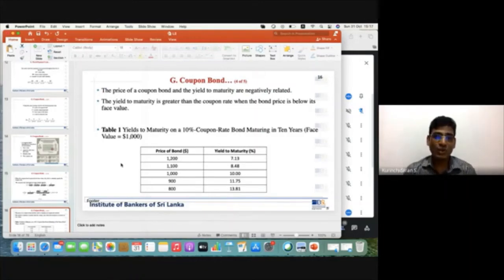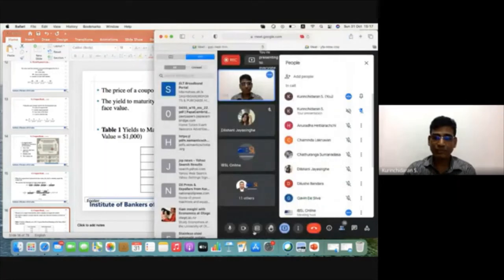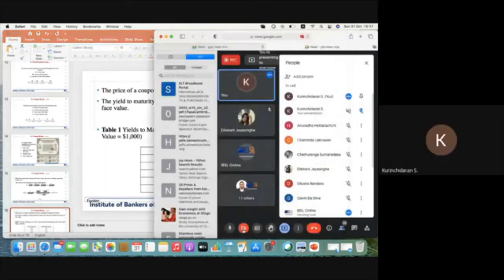So the coupon rate and yield to maturity are very important concepts in valuing financial instruments, right? Is that clear? Any question on that?